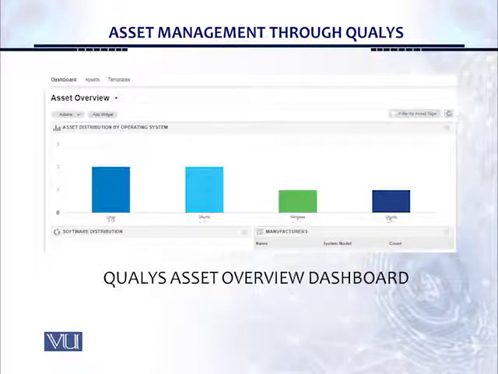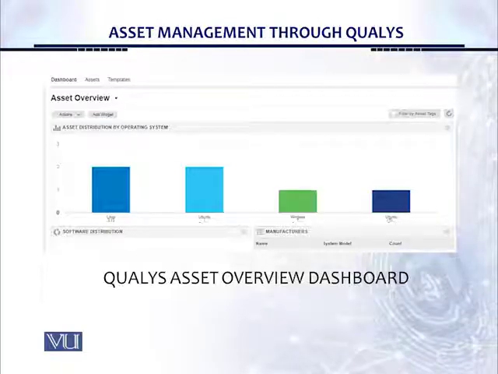So the Qualys Asset Overview Dashboard is what you see here. And the different assets are shown. For example, we see that there are two assets having Linux 3.1.3. There are an additional two assets which we have in our repository.